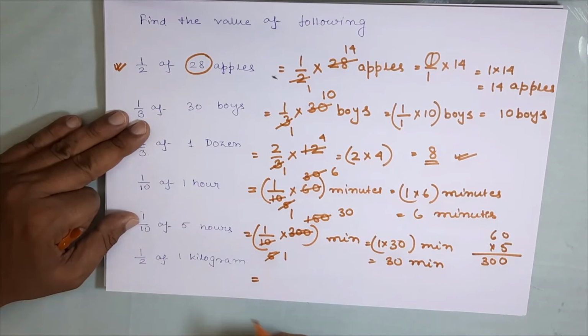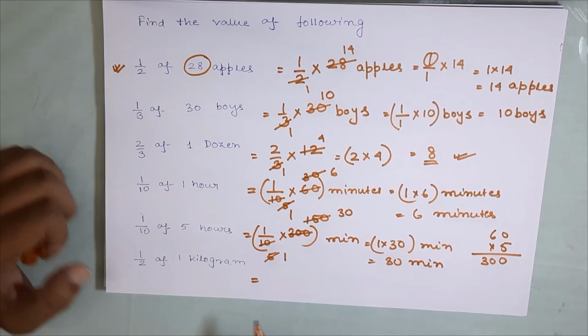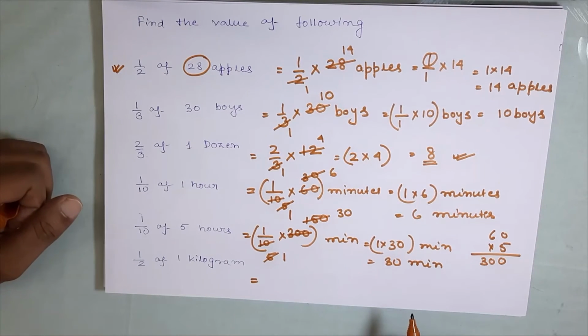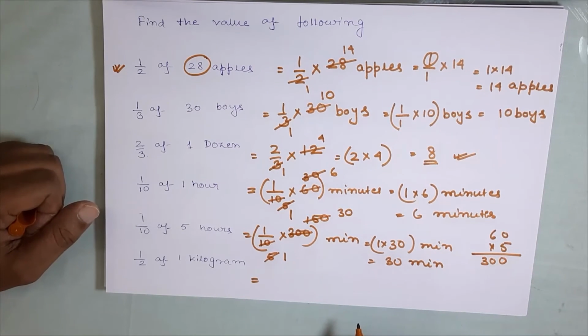One half of 1 kilogram. Again, 1 kilogram, we cannot just like that divide it by 2. So we have to expand it into a bigger number which is equivalent to 1 kilogram. So 1 kilogram can also be represented as 1000 gram.